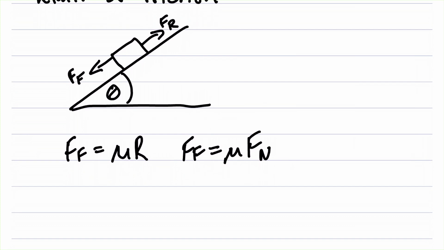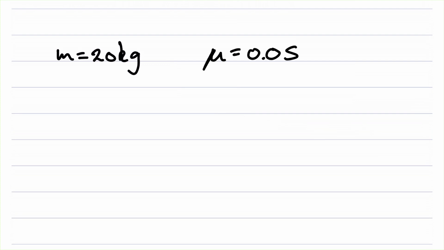So, we can do some questions based on this. We have a curling player who tries to slide a curling stone of mass 20 kg along a horizontal ice rink to stop on top of a target that is 46 meters away from where it was released. The coefficient of friction between the ice and the stone is 0.05.